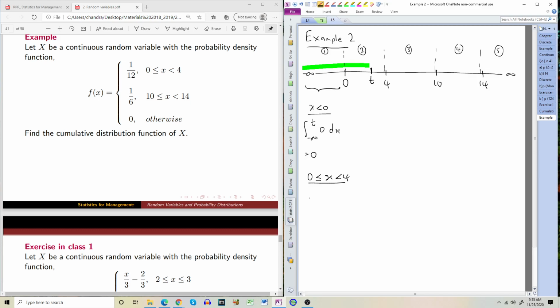From here to here, 0 plus, sorry, this is 0 to t, and in this interval the function is 1/12.